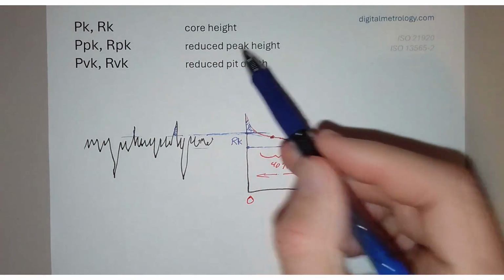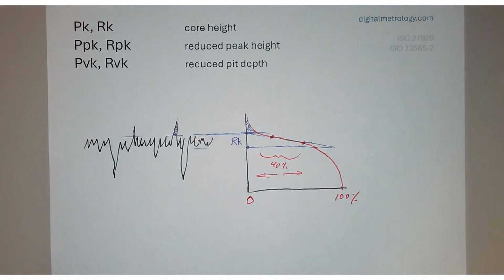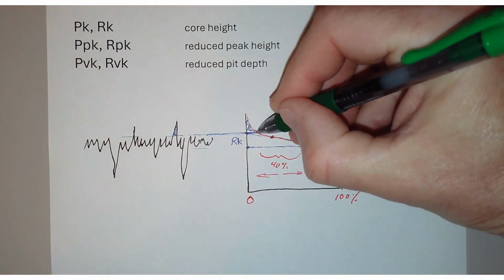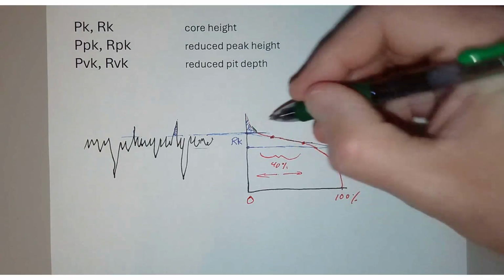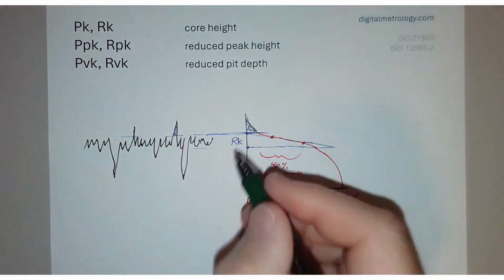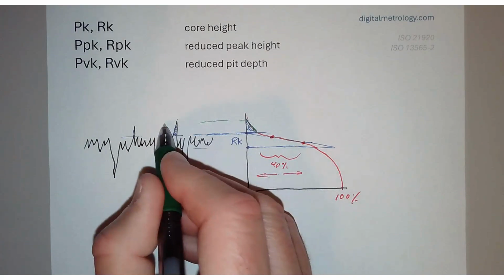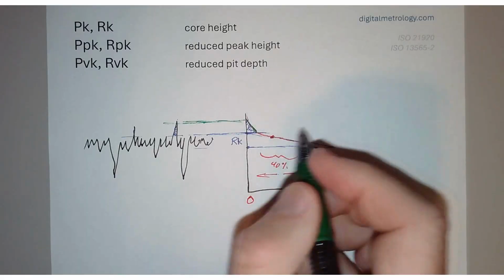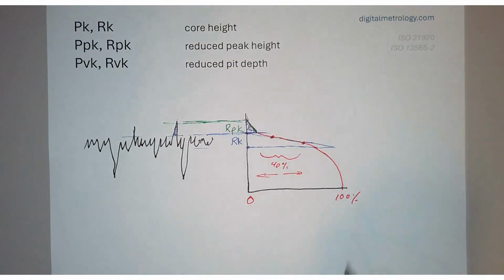It's called a reduced peak height, and it's reduced because it's not the top of the highest peak, but it's going to be reduced to what we might call an effective or somewhat of an average peak height. We're going to take this blue area right here and make a triangle of the same area. And this triangle will have some height, and the height of the triangle may not be the height of the highest peak, but it is a measure of peak heights really based on area, and we call this RPK.